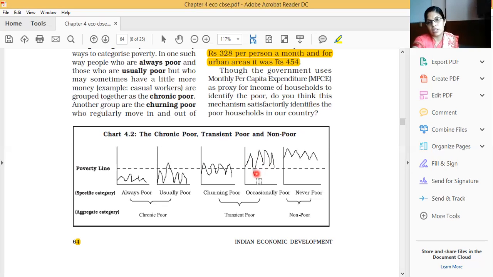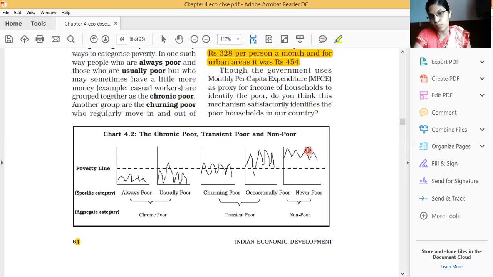So some people will be removed during that period. That is the occasionally poor. Last is never poor: a person whose income is always higher than the poverty line is always rich and never poor.